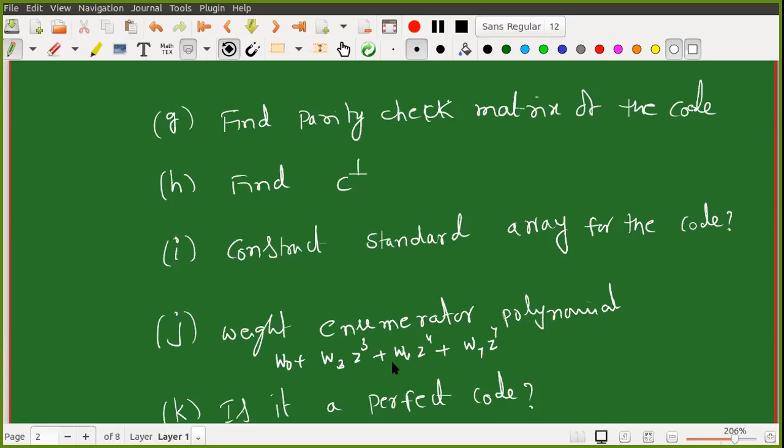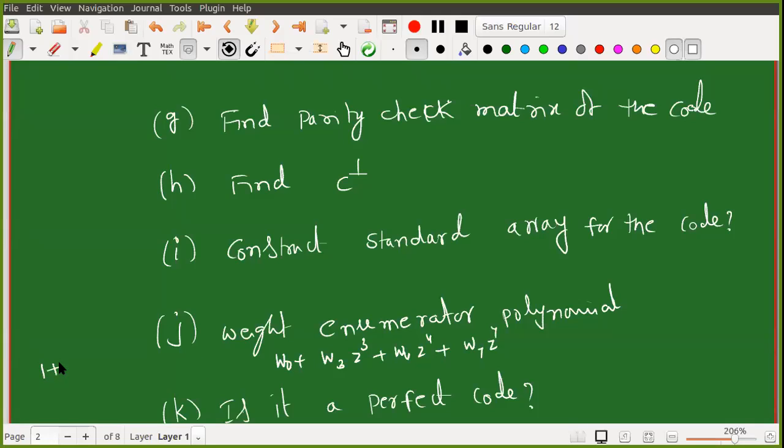All the middle ones are 0. Now I already know the value of W0. Yes, Pragati? W0 is the number of code words of weight 0, which is 1. Okay.